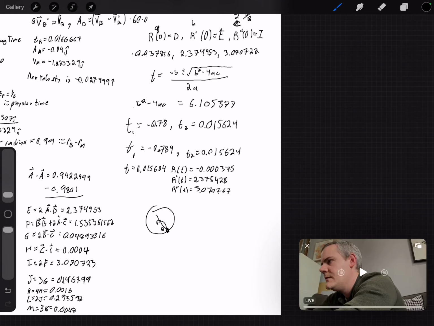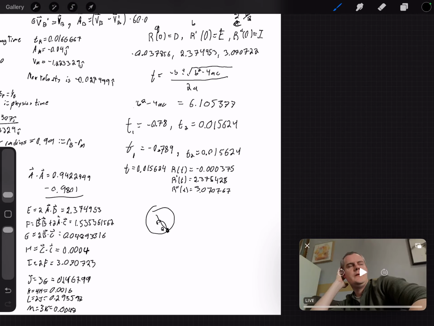Else, if T2 is less than 0.0f, T is equal to T2. Else, I guess whichever one is smaller. One is positive, one is negative.